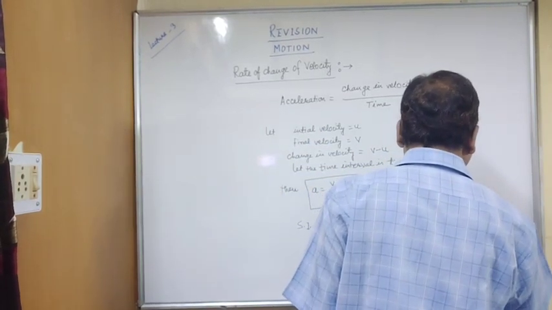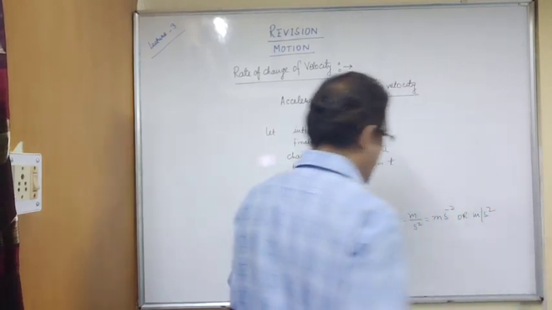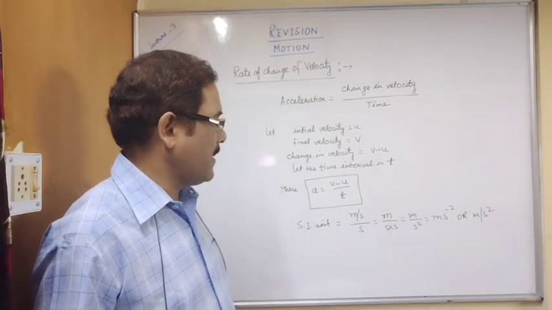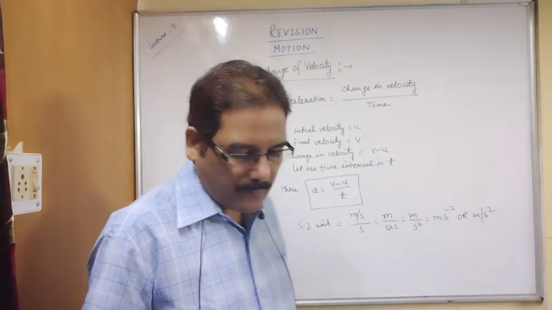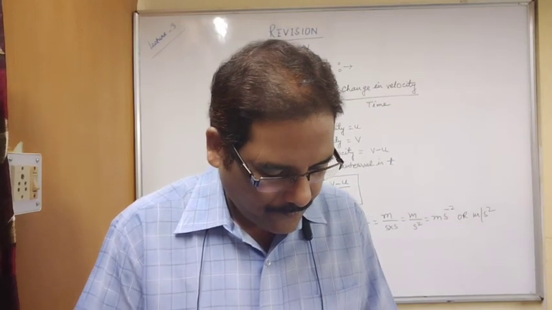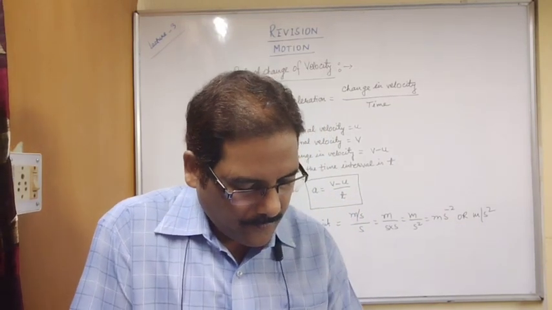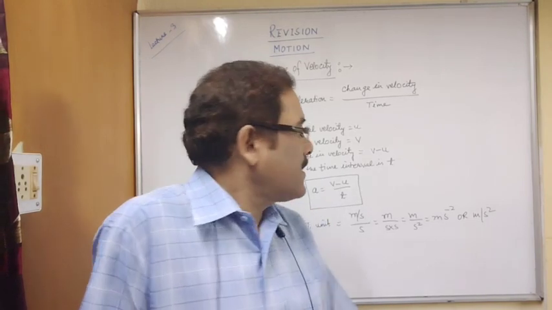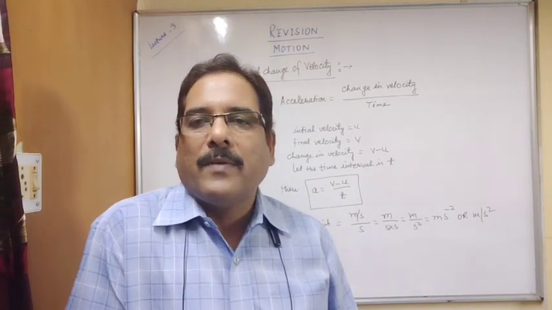In this way we are getting the unit for acceleration. The SI unit of acceleration is meter per second square.